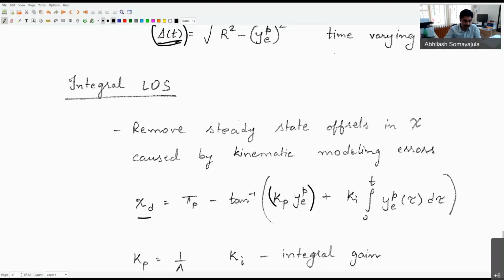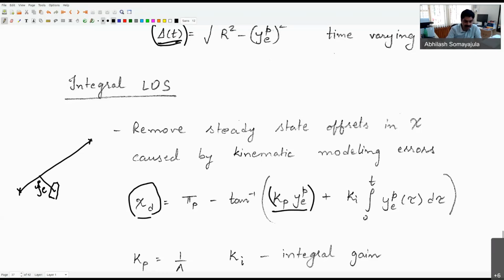So let us say that I wanted to travel from this point here to this point. Based on the cross-track error, that is the Y_pe, I will compute K_p times Y_pe, plugging it here to get my desired course angle for my craft.